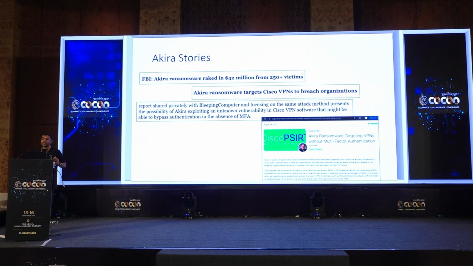Now, the story was built this way. When we were engaged with 12 IR cases, we knew it was Akira based on the ransom note and the binary we were able to collect, which was the encryptor. But we had no clue how these guys got into the organization. That's because of the lack of visibility. Our EDR logs were pulled from those endpoints where our EDR was installed.